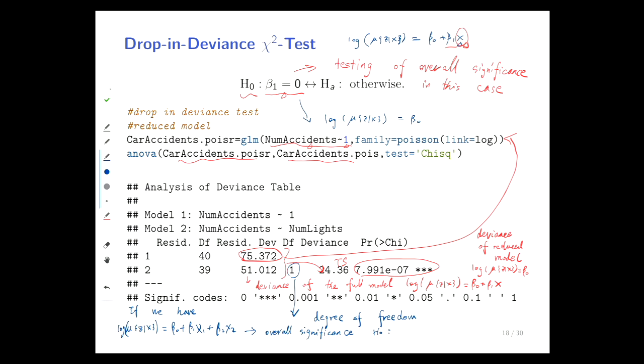The null hypothesis becomes beta 1 equal to beta 2 equal to 0, and the alternative hypothesis is otherwise, basically the opposite of the null hypothesis. So in this case, we are going to have two coefficients instead of only one coefficient in this very special case. So the z-test, the chi-square test for overall significance, and the chi-square test for only one coefficient are all the same because of this very special situation.